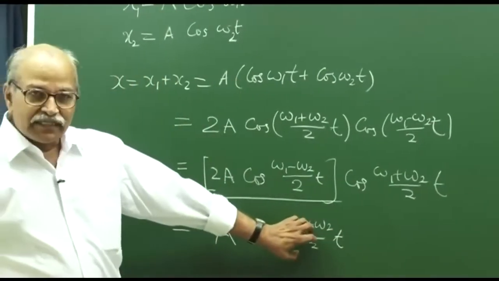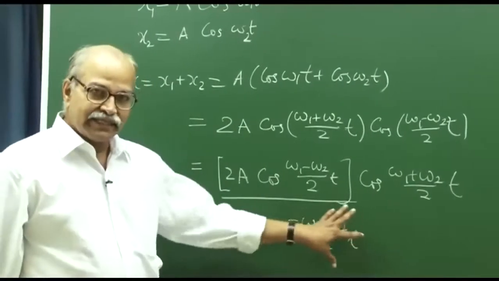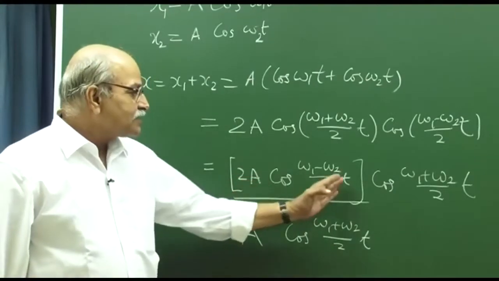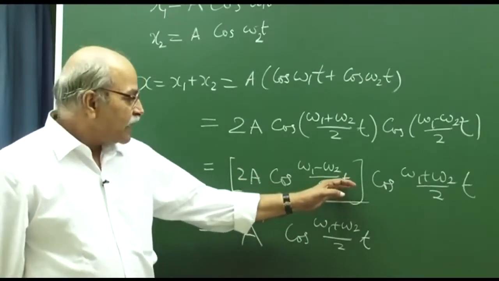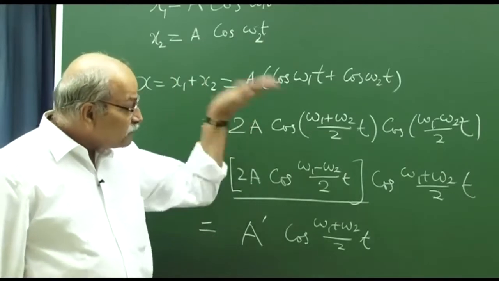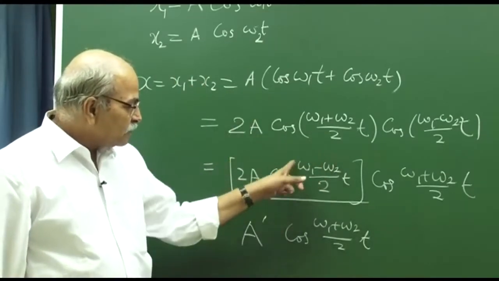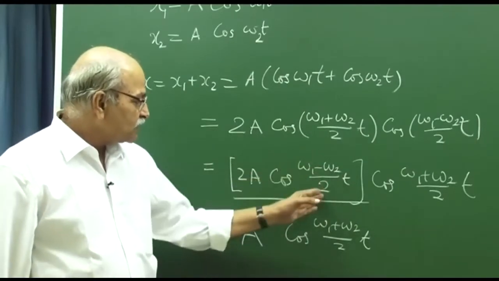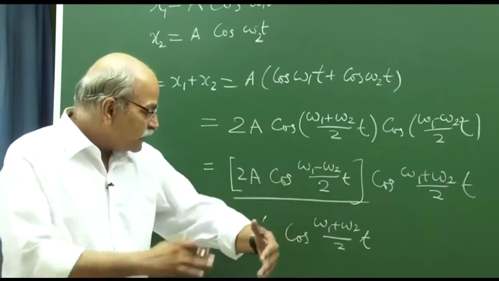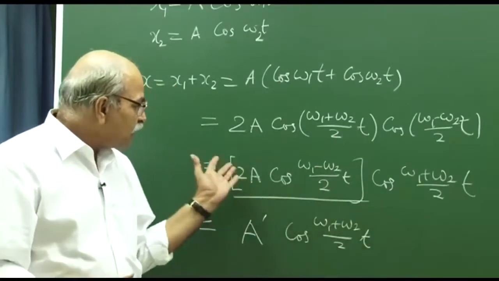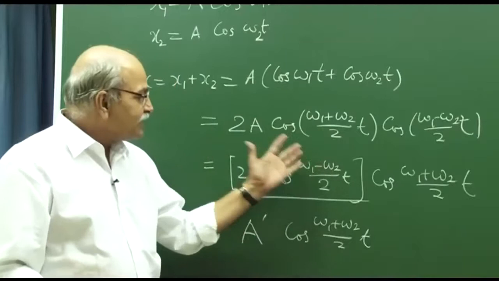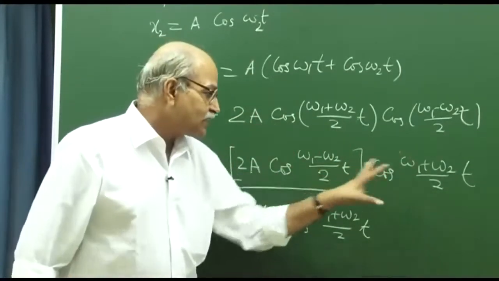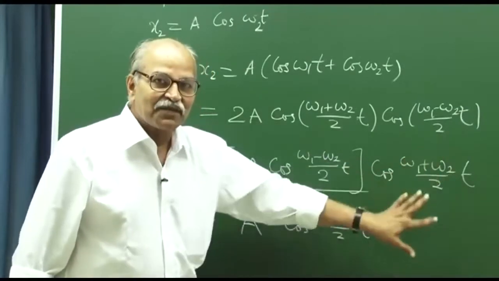This is the frequency with which it is oscillating roughly, and the amplitude itself is time dependent, and the oscillation of amplitude is given by this frequency. The time period will be large because this frequency is small. So, over a large time the amplitude will gradually change, and the whole thing is oscillating with a mean frequency of something like that.